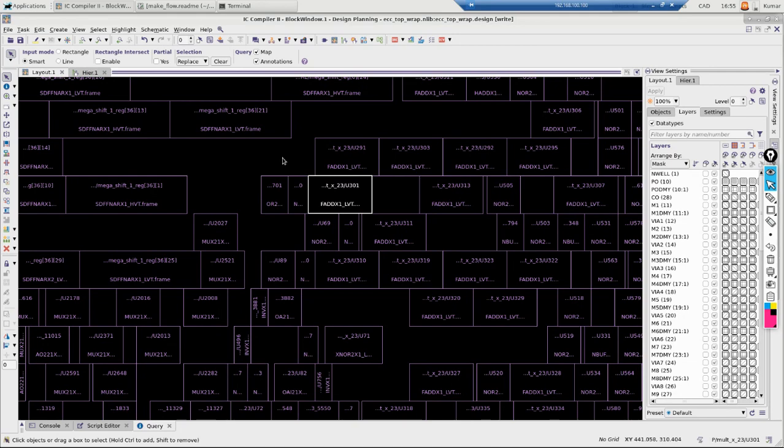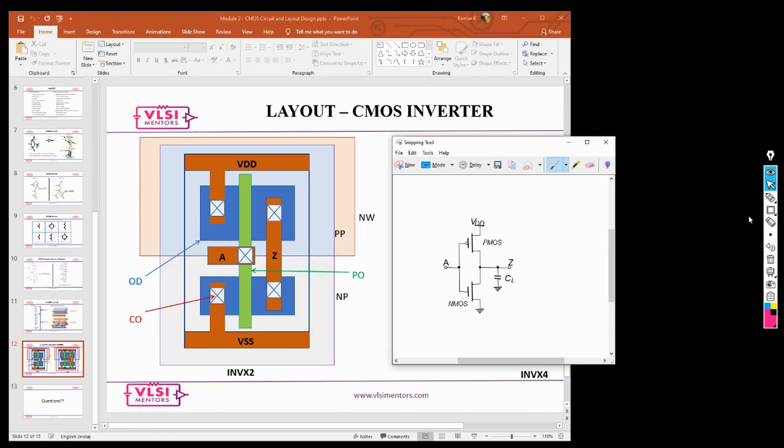Okay, but why I'm covering this is that you should have knowledge of this layout. Now the pin access, remember how this A is going to be accessed from outside, how this Z is going to be accessed from outside. That you will be able to understand better if you have the layout knowledge.